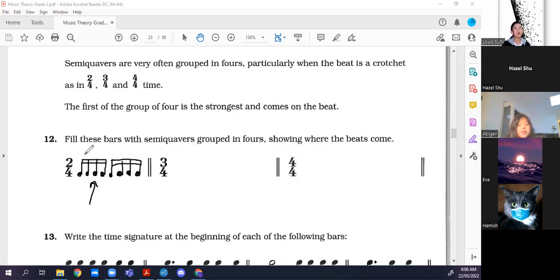We know that 1 semiquaver is 1/16 of a 4/4 bar, or 1/8 of a 2/4 bar. And we know 4 semiquavers equals a crotchet, so we can count it this way: 1 crotchet, 2 crotchet, and it satisfies 2/4 time.